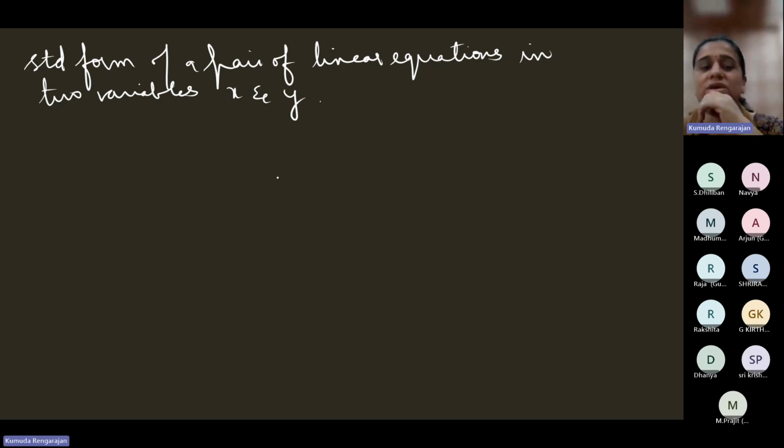I'm sure you can correct it now. You said ax1 plus by1 plus c1 is equal to 0, and then ax2 plus by2 plus c2 is equal to 0. So I can see 4 variables, x1, y1, x2, y2. I want only Danya to correct that. Yes, Danya.